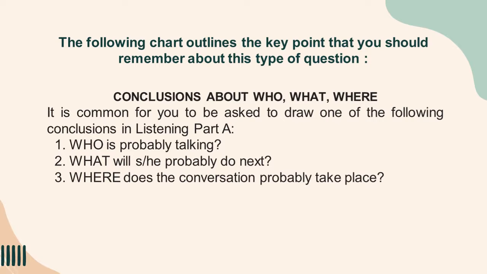Two, what will she probably do next? And three, where does the conversation probably take place? Who is about who is talking, what is about what they will do next, and where is about the place where it is taking place.